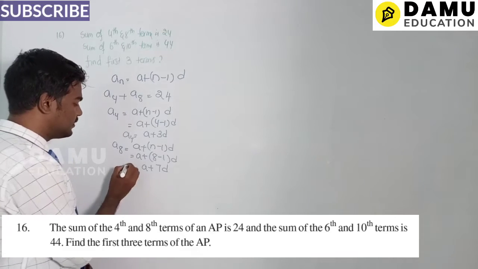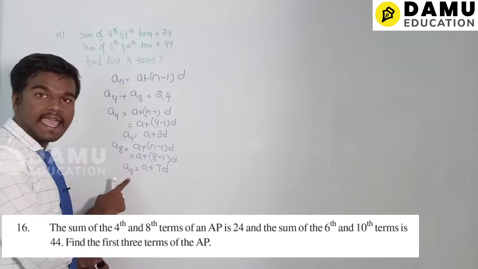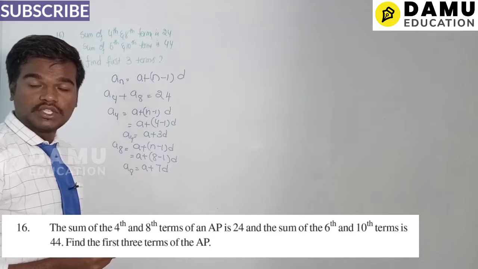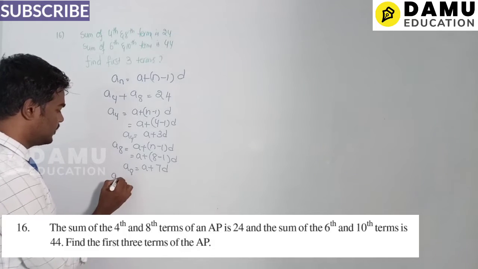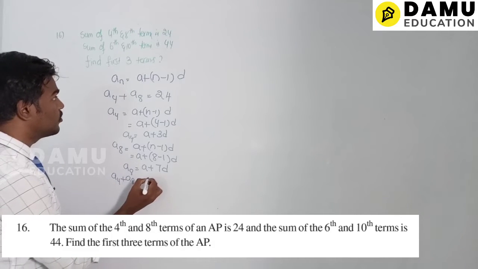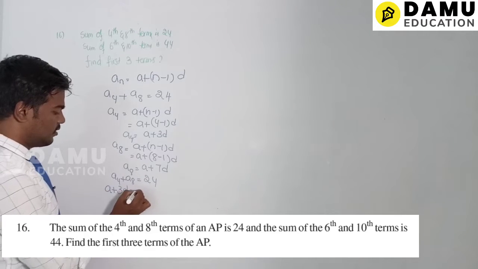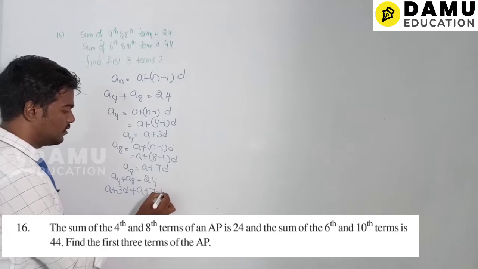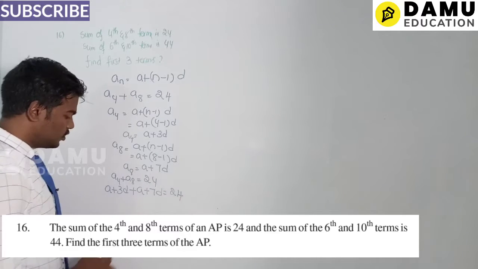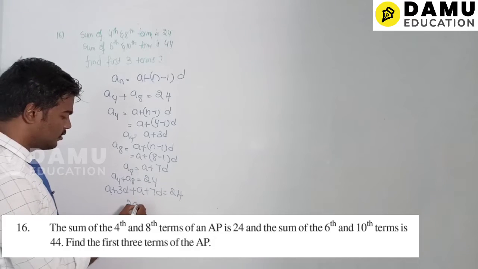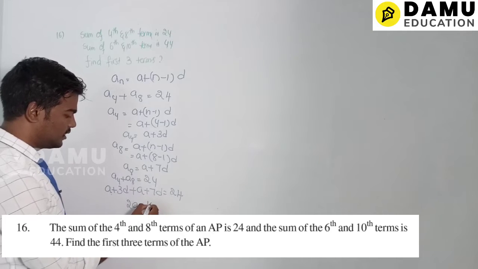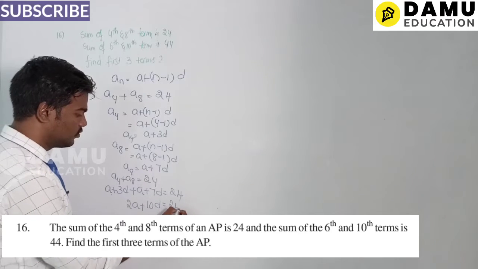So if you add A4 and A8, we will get the equation. A4 plus A8 will be equal to 24. Let's add: A plus 3D plus A plus 7D will be equal to 24. Then we get 2A plus 3D plus 7D, which is 10D, equal to 24.